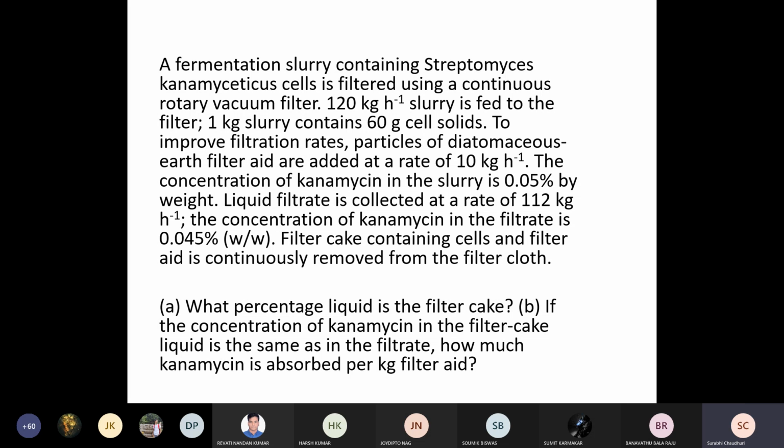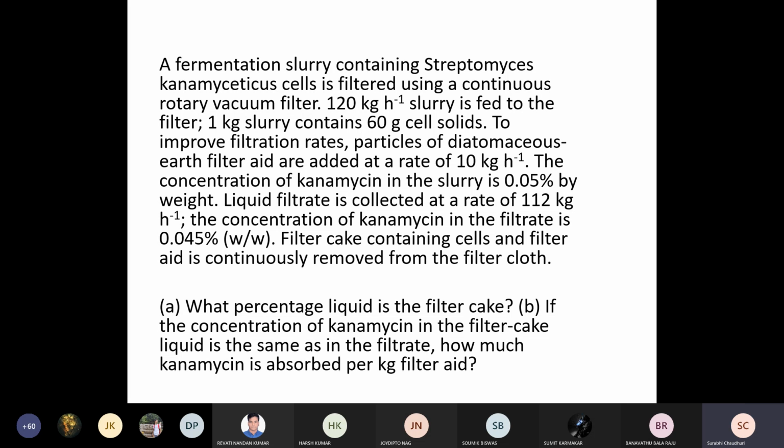Filtration is going on. Now, in each kg of slurry, 60 gram of cells are there. So we have 120 kg. If we take 1 hour as basis, then in 120 kg, how much cells are there? That we can calculate. Now, to improve our filtration, we want fast filtration.